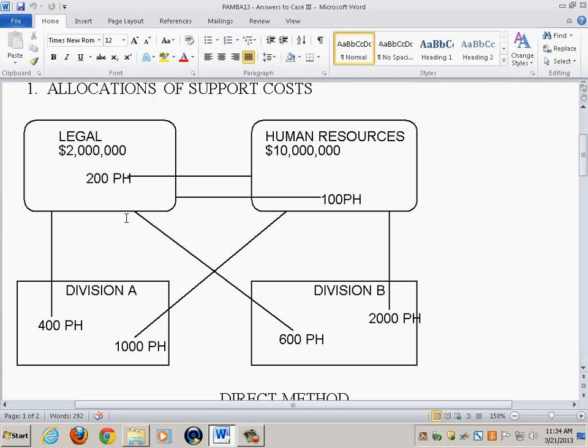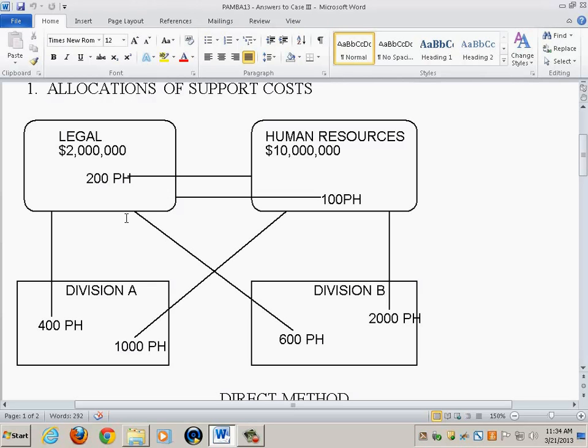Why? Because you lump all the person hours of legal and all the person hours of human resources into one person-hour aggregate. And you lump all their costs into one cost aggregate for human resources and one cost aggregate for legal.